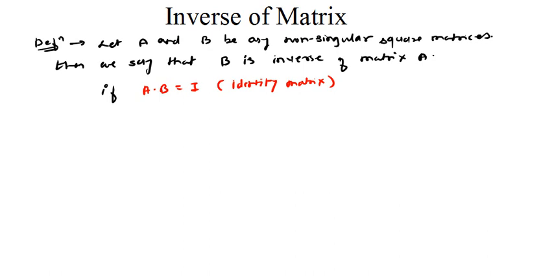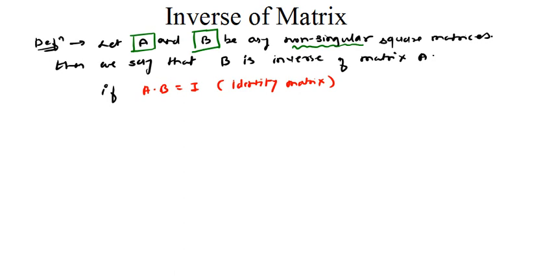I will repeat the definition for the inverse of the matrix. Suppose we have two non-singular matrices, the first matrix A and the second matrix B. Non-singular means that the determinants of both matrices are not equal to 0.